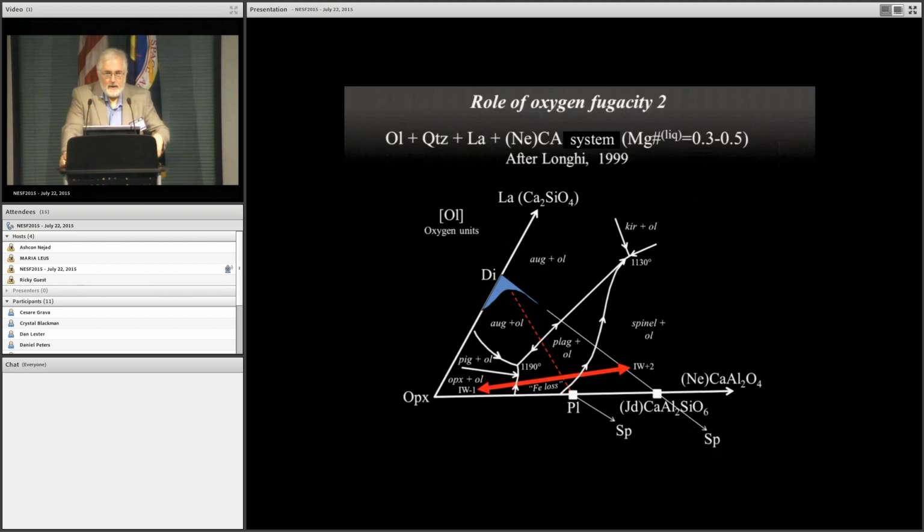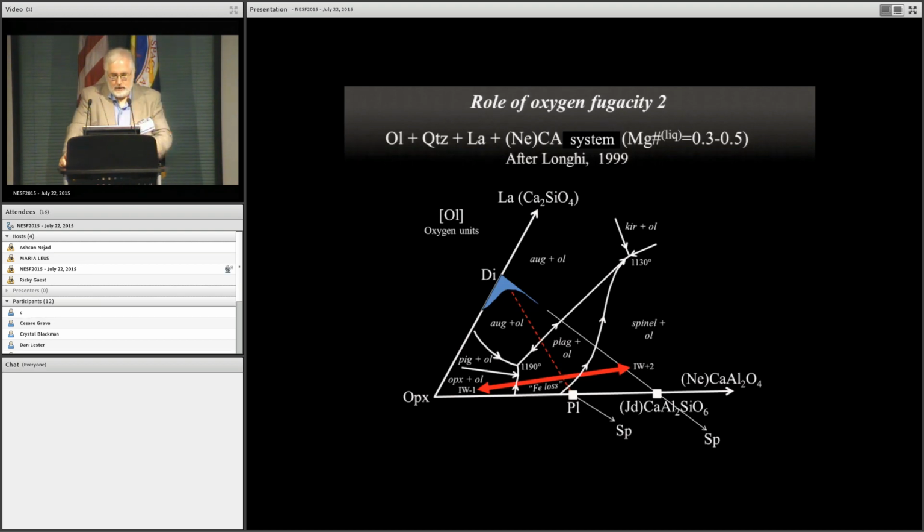The next diagram is a little bit complex. This is a phase diagram, which I'm sure many of you aren't that familiar with, and how to analytically approach these. But I just want to use this diagram to illustrate the impact of just simply FO2 on crustal composition and crustal mineralogy.